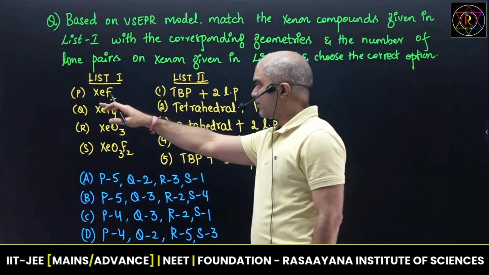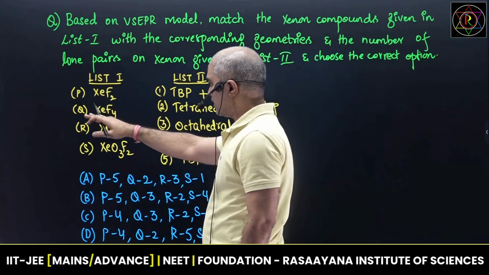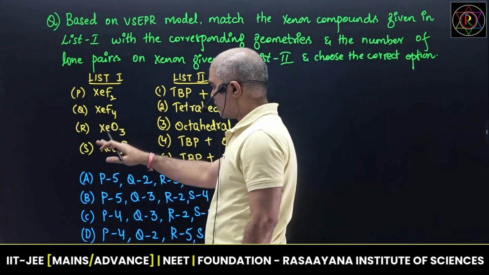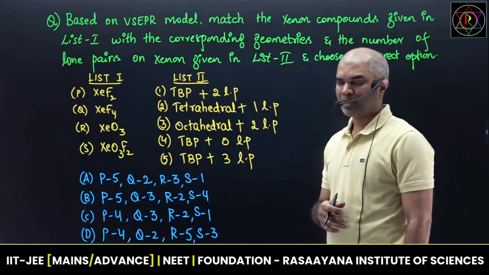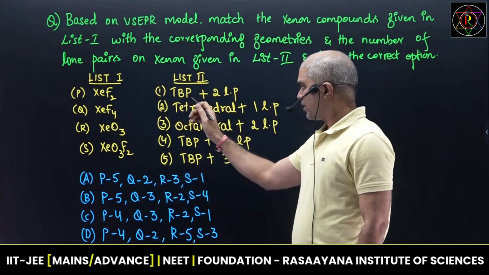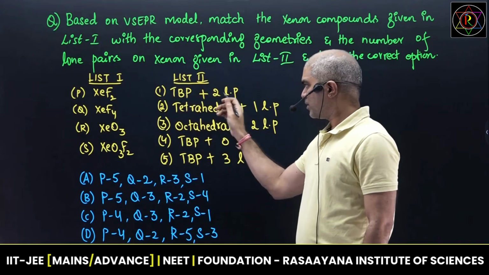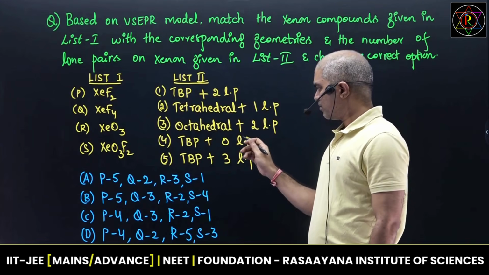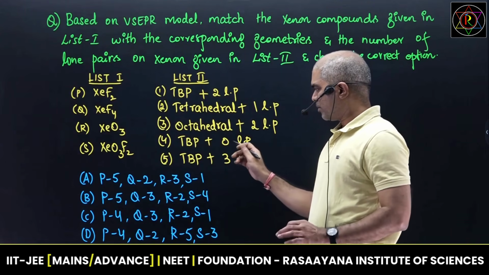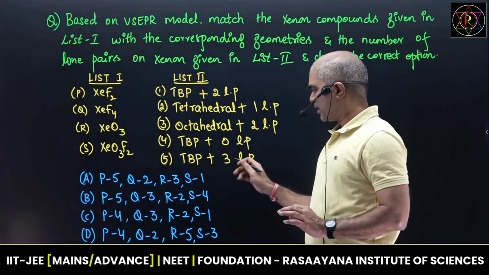Here they have given XeF2, XeF4, XeO3, XeO3F2. Four compounds of xenon have been given. Five options where they have given trigonal bipyramidal with 2 lone pairs, tetrahedral with 1 lone pair, octahedral with 2 lone pairs, again trigonal bipyramidal without lone pair, trigonal bipyramidal with 3 lone pairs.